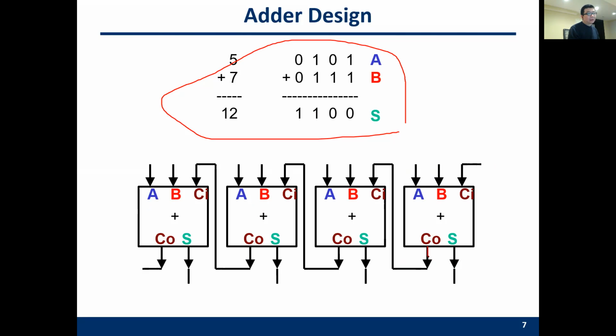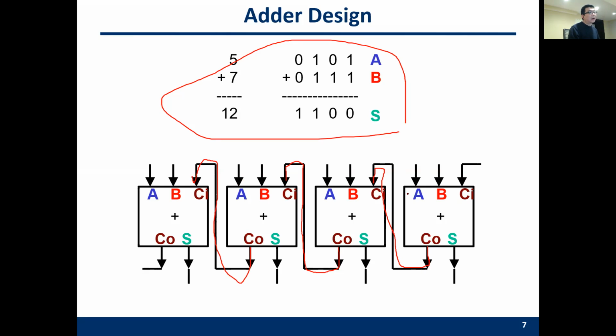You connect the carry out of the least significant bit to the carry in of the next position, and you always connect the carry out of the last bit to the carry in of the next bit. So eventually you have a 4-bit adder. And this is the so-called carry ripple adder, because they are connected sequentially.